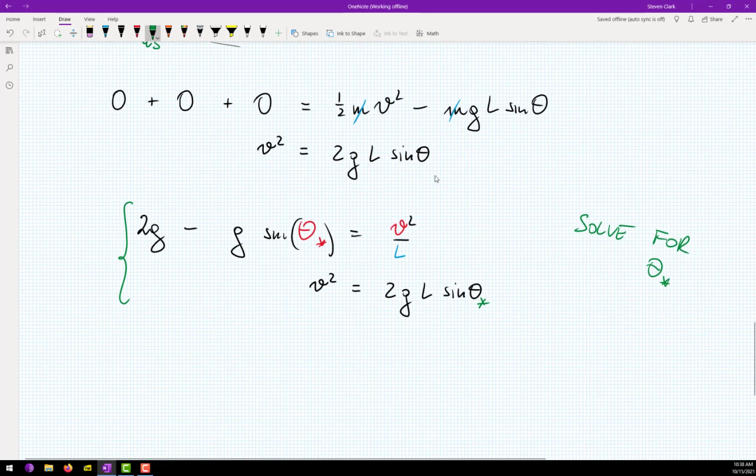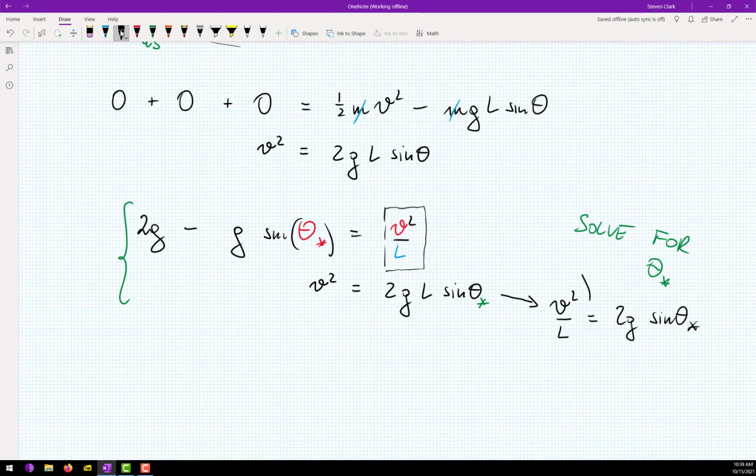The quickest way is to express, look, we have V squared over L here, so we can also find from this expression that V squared over L is equal to 2g sine theta star. Let's plug this in here, and I think it should solve the problem.